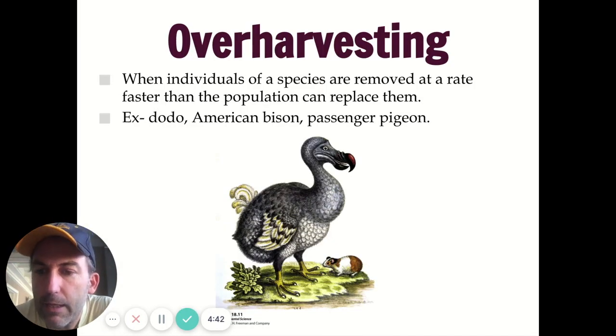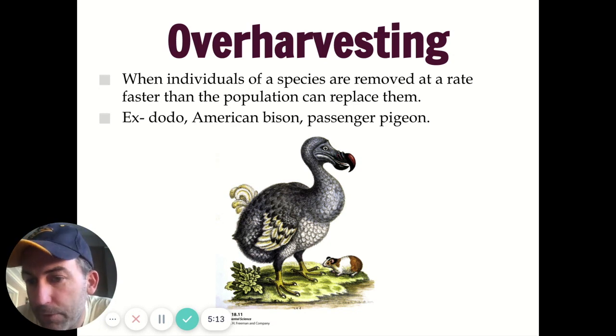And then finally, overharvesting. So, just humans basically eating wild nature. The dodo is a great example, a bird that had no understanding that humans were a predator, and so no fear of humans whatsoever. When we were initially exploring the islands, Mauritius in the South Pacific, the dodo would walk right up to boats landing on shores, and people would just easily pick them up by hand and put them in stews.